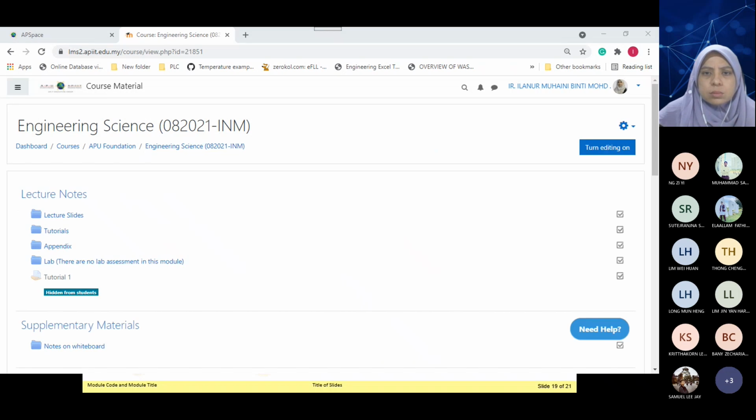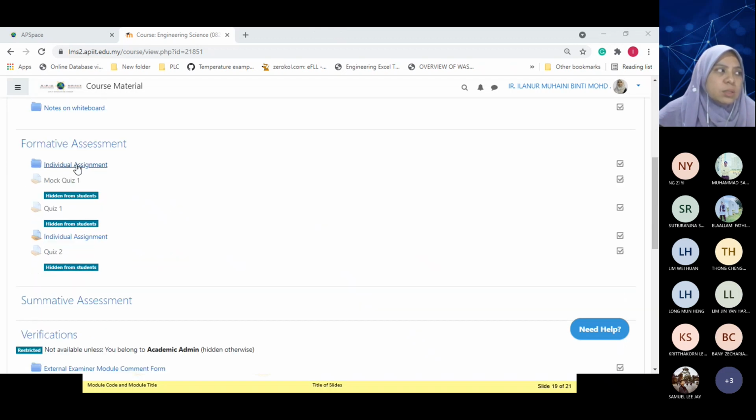Your assignment is inside here, under the form. But ma'am, can you explain it on Friday so that we can have a clear picture? Oh, explain the assignment. Can. Friday, yeah? Okay, ma'am. Thank you.